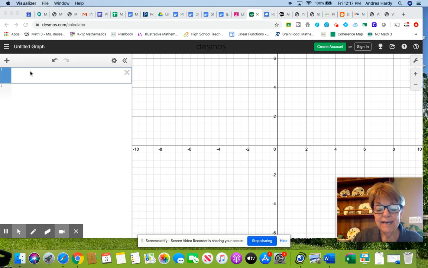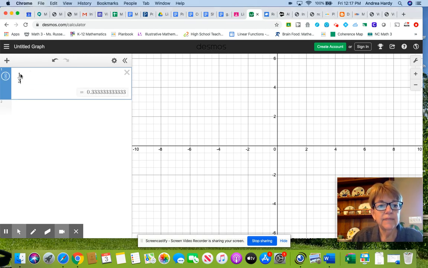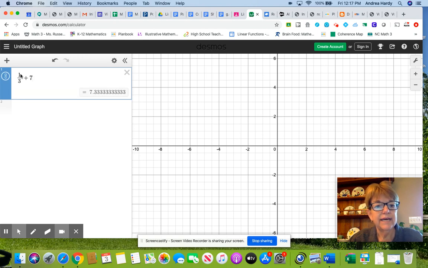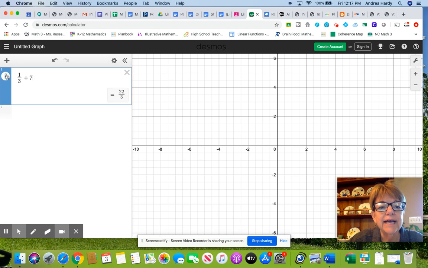And if I have in here 1/3, and I wanted to add 7 to that, you see down here, it gives me 7.33333333. If I want that as a fraction, see this little bar right here? I'm going to hit that, and it's going to change it to 22 over 3, which is exactly what we had on our paper down there.